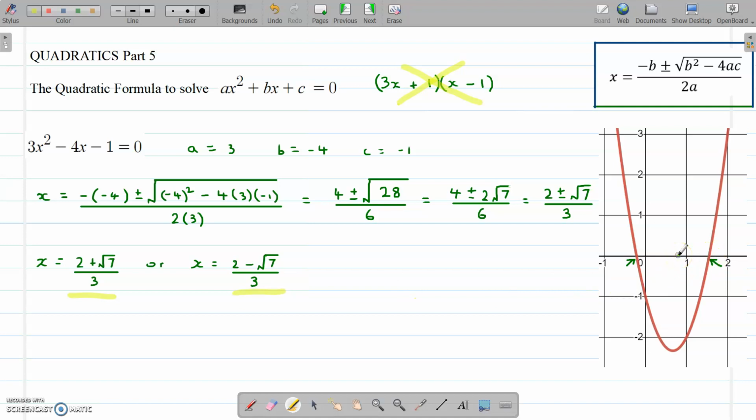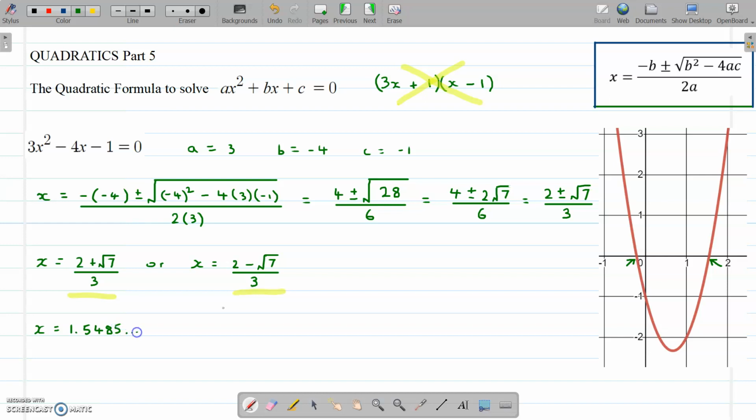Now, if it was a calculator paper, it could well say leave your answers to 3 significant figures. So if you put that on the calculator, the first one comes to 1.5485, and it goes on after that.